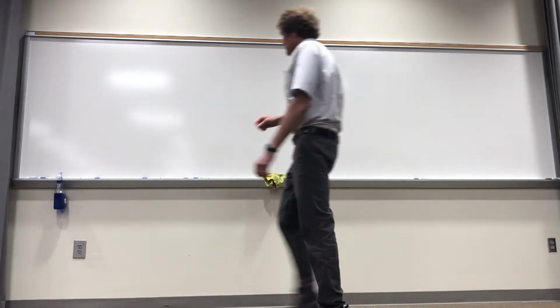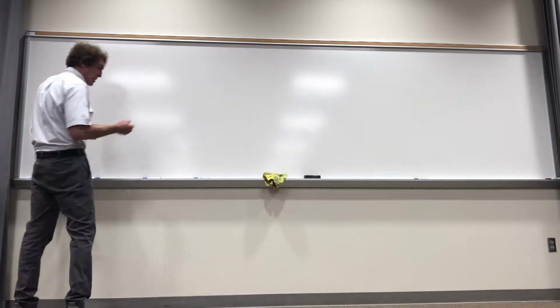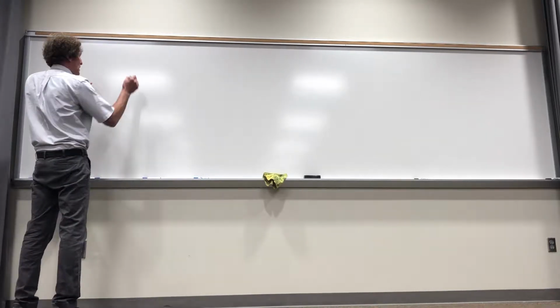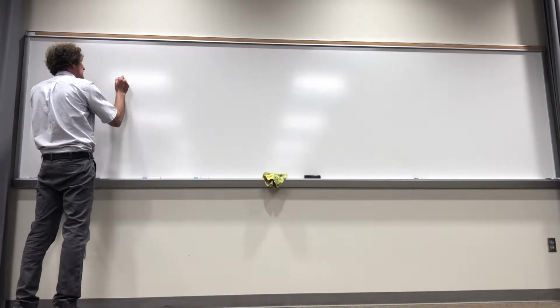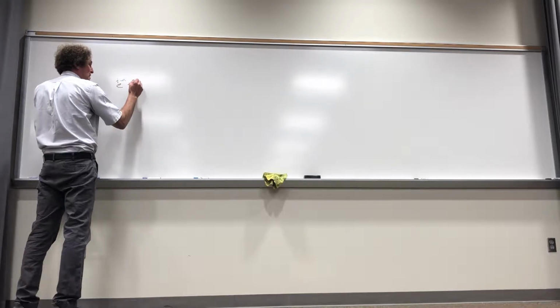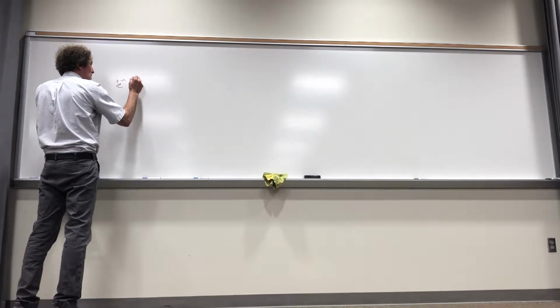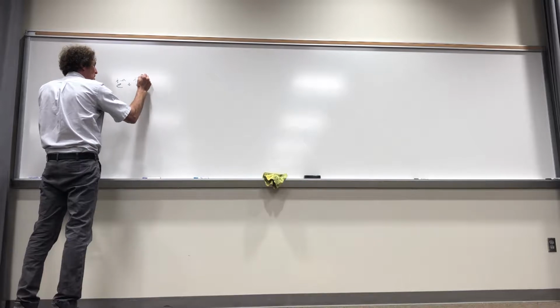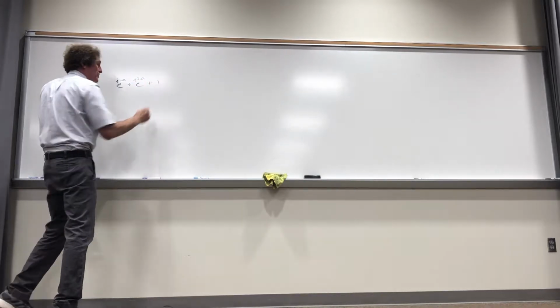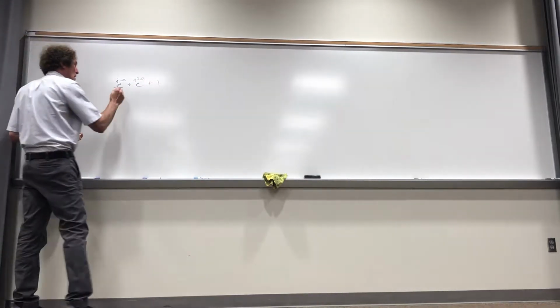Tell me which cosine identity you're looking for? The problem was e^(j2ω) plus e^(jω) plus 1 over e^(j2ω) plus 2e^(jω) plus 1, the same thing with a 2 on the middle term.